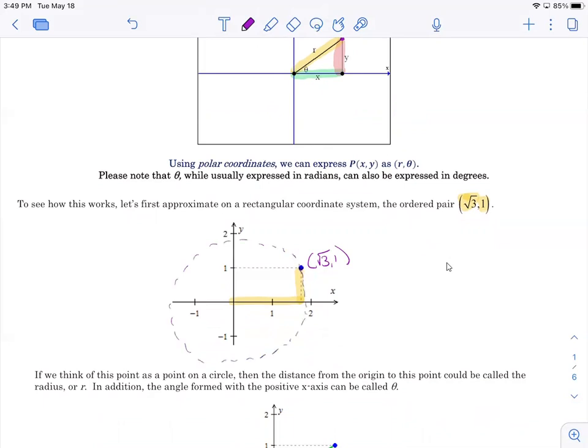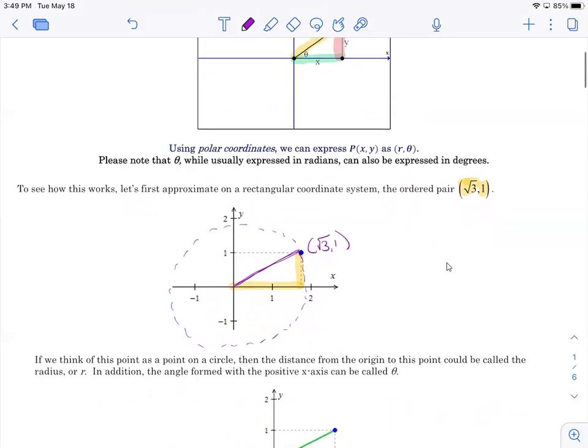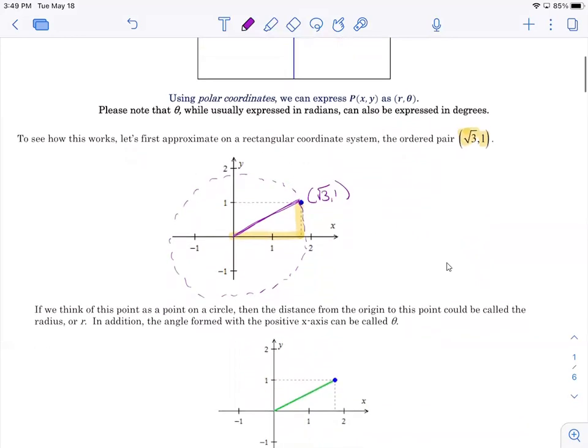All right. Then we can also think about that this is our R for our circle. Then we know the distance from the origin to this point is called the radius, which I just showed you. In addition, we can figure out the angle formed on the positive x-axis as theta. So nothing terribly new.